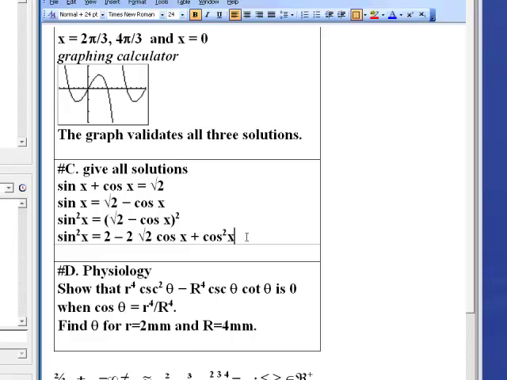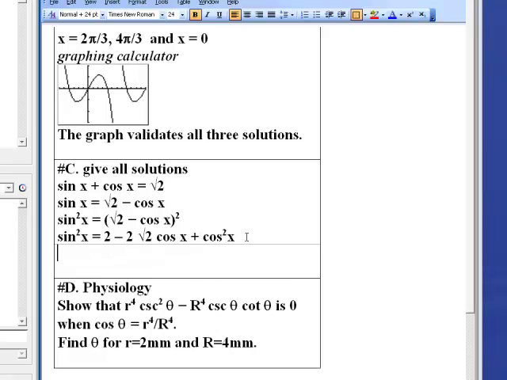Cosine squared of x. Then we're still in sine squared and cosine here, so I'm going to get rid of the sine squared by using the Pythagorean identity. So it's going to be 1 minus cosine squared, and then the right hand side stays the same.